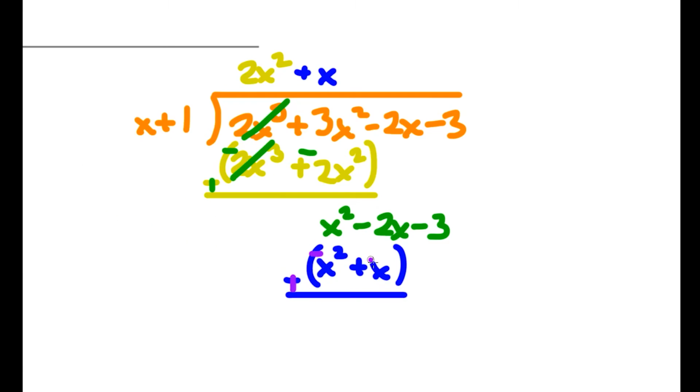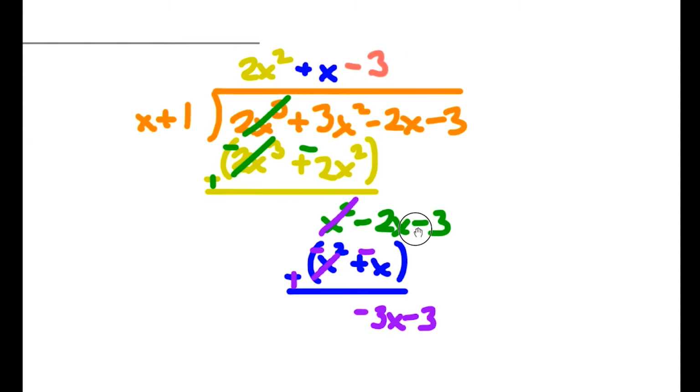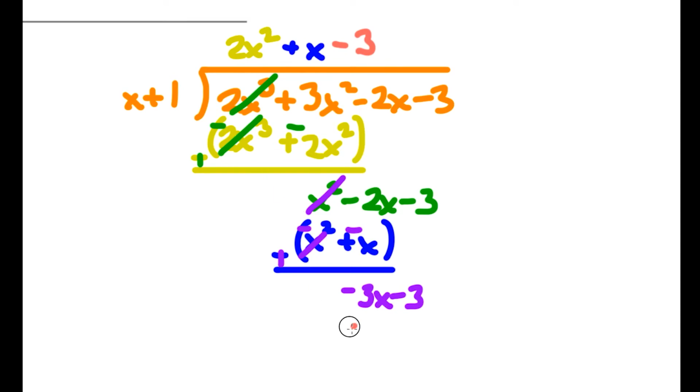So this is going to be negative, negative. We're going to cancel, cancel, and you're left with negative 3x minus 3, and this will come out nicely because it is a factor. X plus 1 is a factor, so this is going to come out with no remainder, which is exactly what we should see. And everything cancels here, so you're left with no remainder.